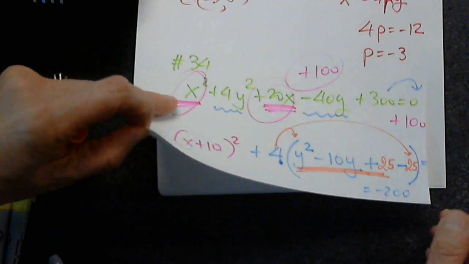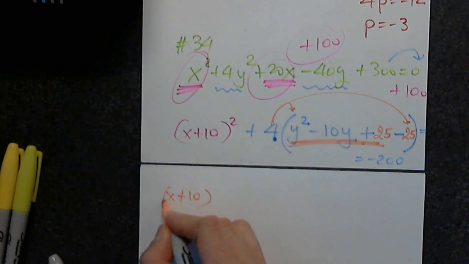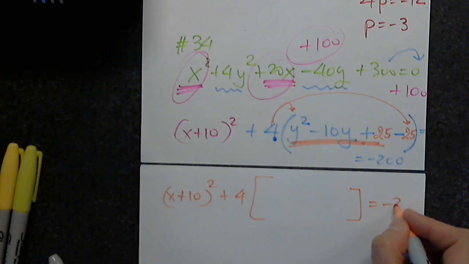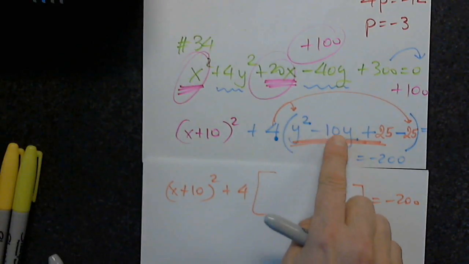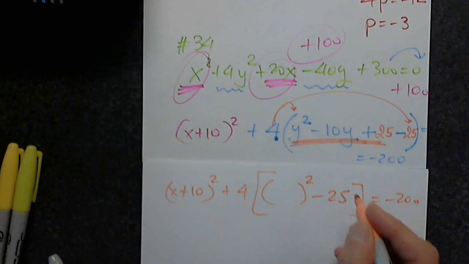So then what I have is x plus 10, everything squared, plus 4. So the right-hand side is negative 200. So now what do I have inside? I still have not distributed the 4 yet. So I have 1, 2, 3 terms, and then minus 25.